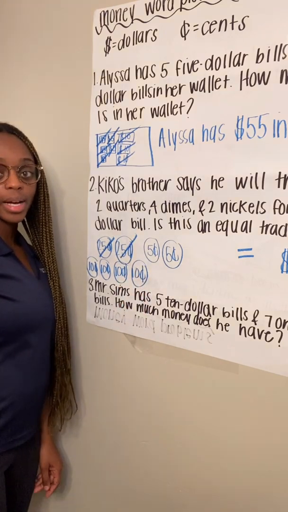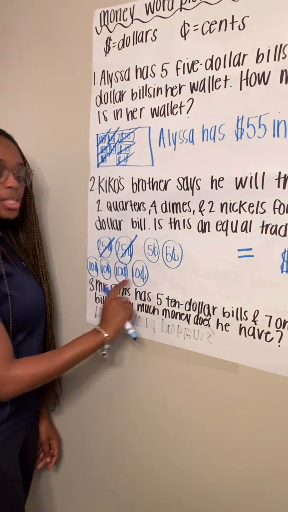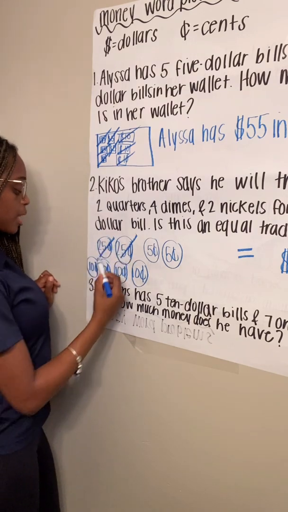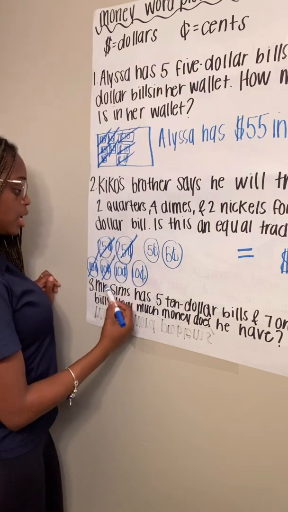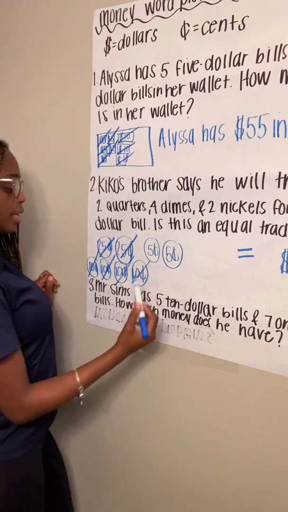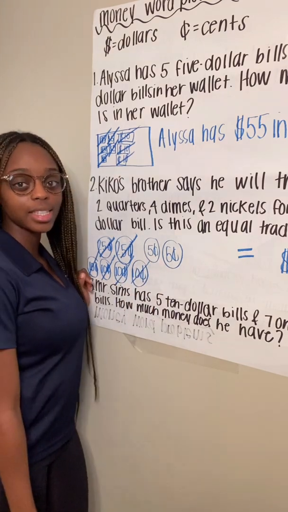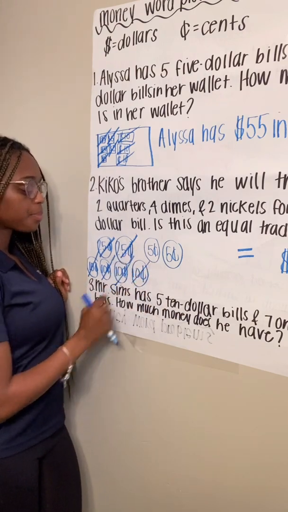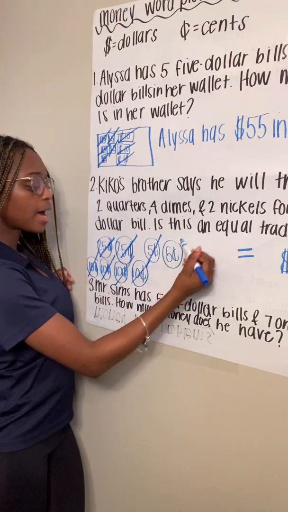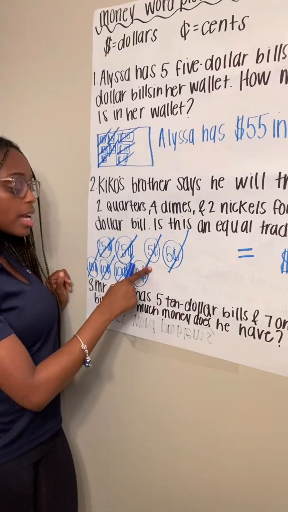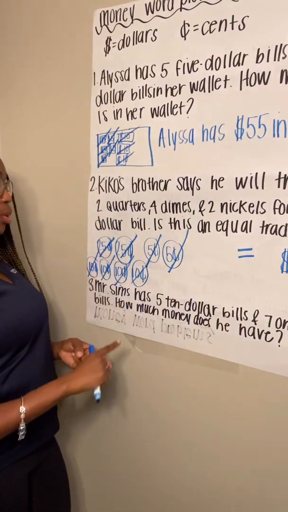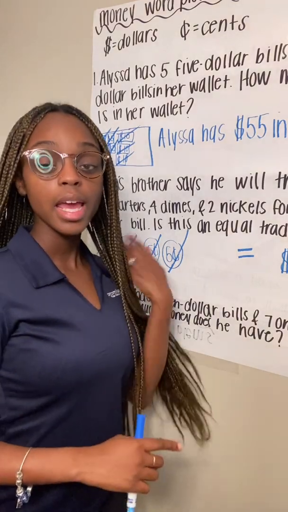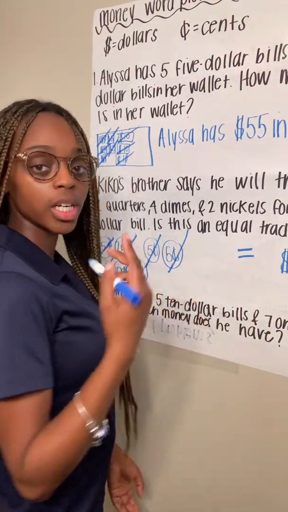Now we need to count by tens because we have dimes in front of us. So 25, 50, 60, 70, 80, 90. And finally, we need to count by fives because we have nickels. So 90, 95, $1. So we now know that 2 quarters, 4 dimes, and 2 nickels is $1 or 100 cents.